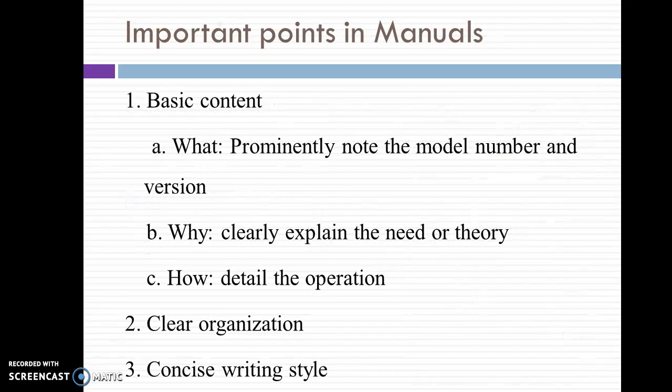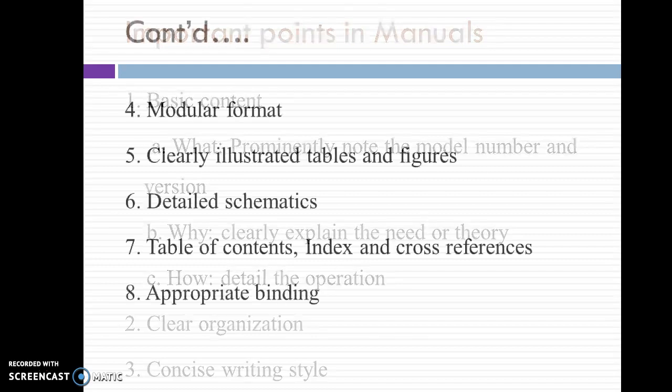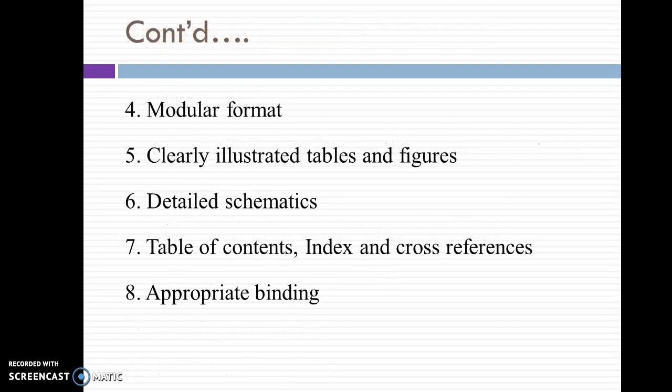The important points that we can include in the manual are the basic content, clear organization, concise writing style, modular formatting clearly illustrated in tables and figures, detailed schematics, the table of contents, index and cross references.